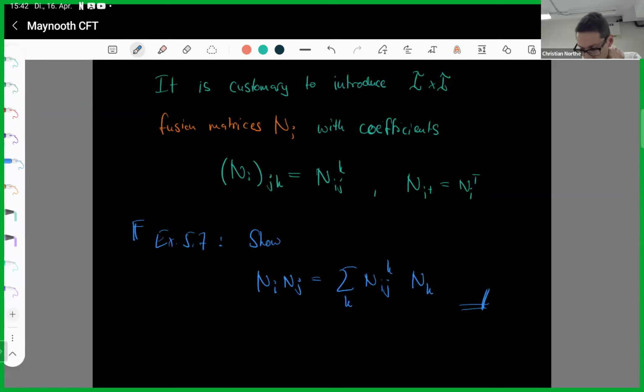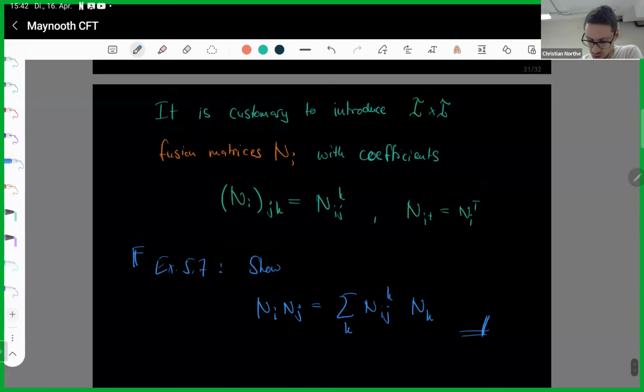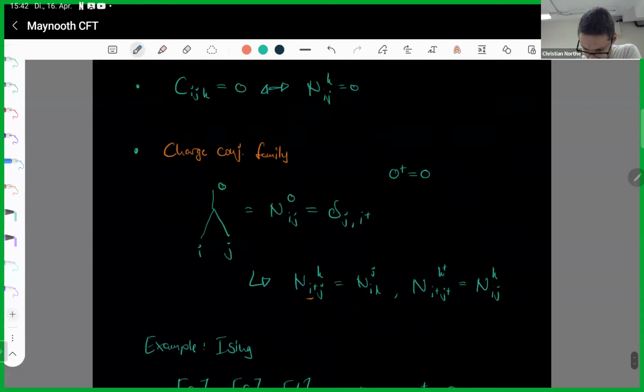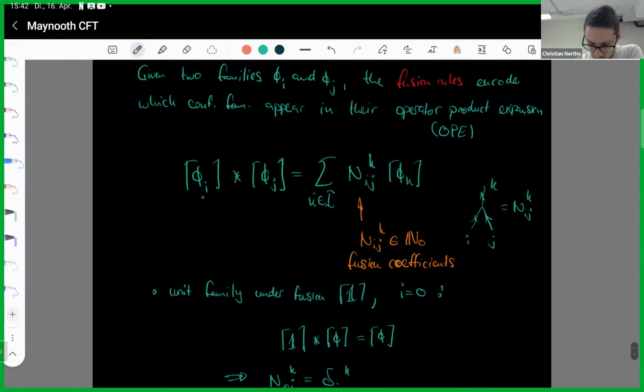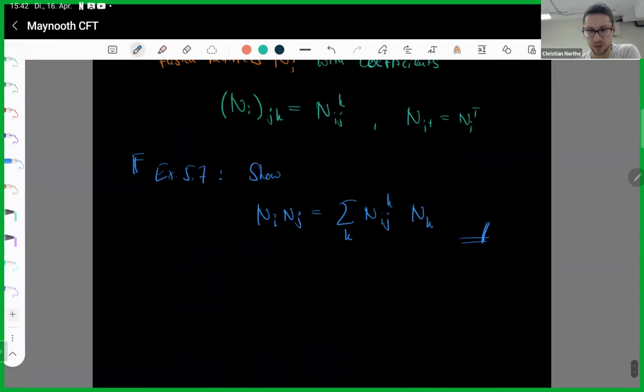So for those of you who are not as mathematically inclined, what I just said, that they furnish a representation of the fusion algebra, just means that if you look at the equation that I just wrote down, it looks exactly as the equation of fusion, as the one up here, where if I just replace the family symbols by the fusion matrix symbol, then I just have exactly the same equation. So that's what it means to furnish a representation of an algebra, or in this case, the fusion algebra.